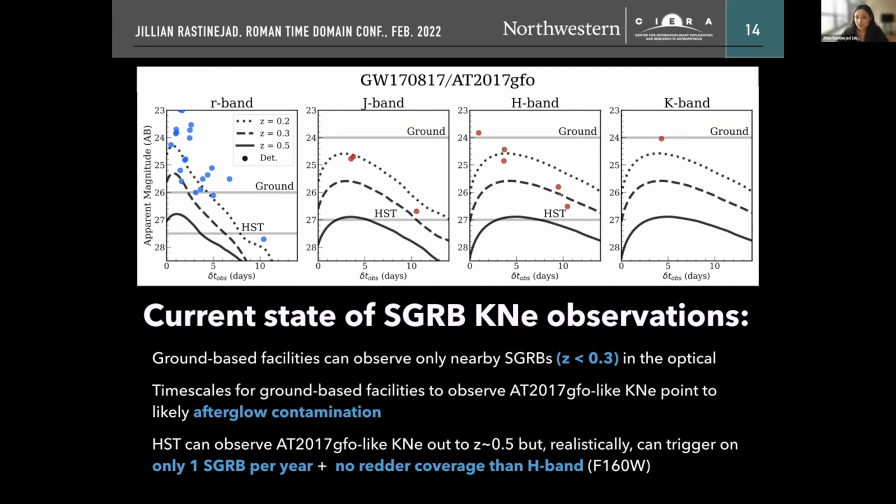We do have programs on telescopes like Gemini and MMT, and I'm a co-I on a future JWST proposal to follow up a short GRB. But it all depends on what that redshift is, and that kind of informs our strategy of how we go about it. Because as this plot shows, what the redshift is really determines how long your kilonova is going to be observable from the ground or even from a space-based telescope. So we want to make sure we're using those resources wisely.